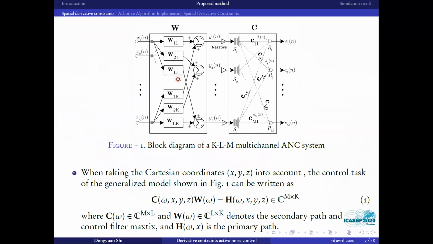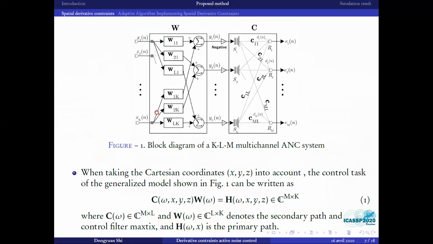In this slide, figure 1 shows the block diagram of a multi-channel ANC system, which has K reference microphones, L secondary sources, and M error microphones. In this figure, W and C denote the control filter and the secondary path matrix.